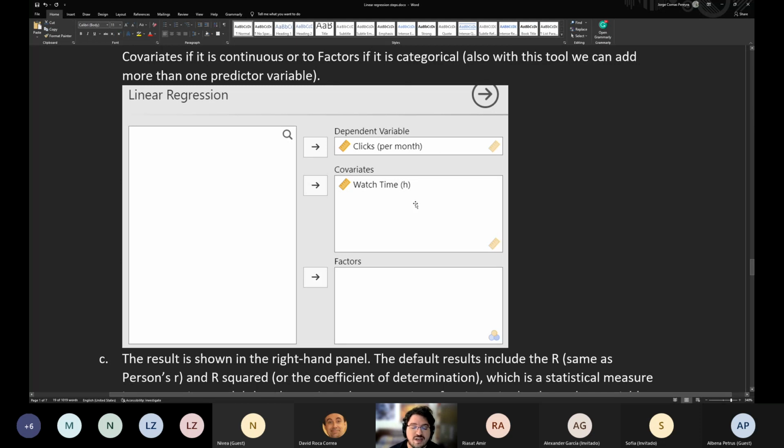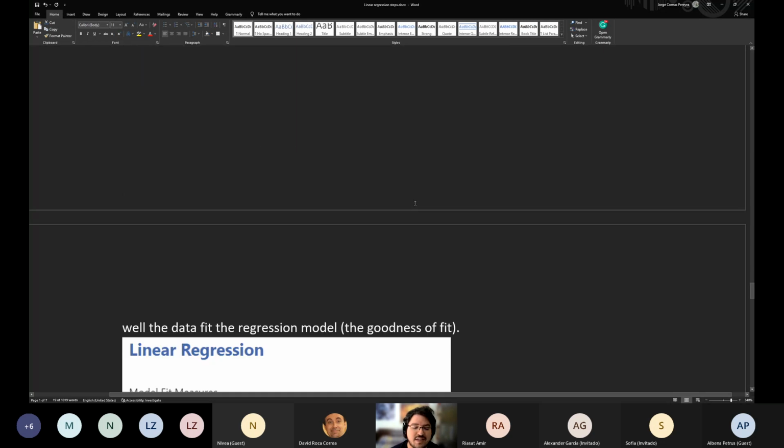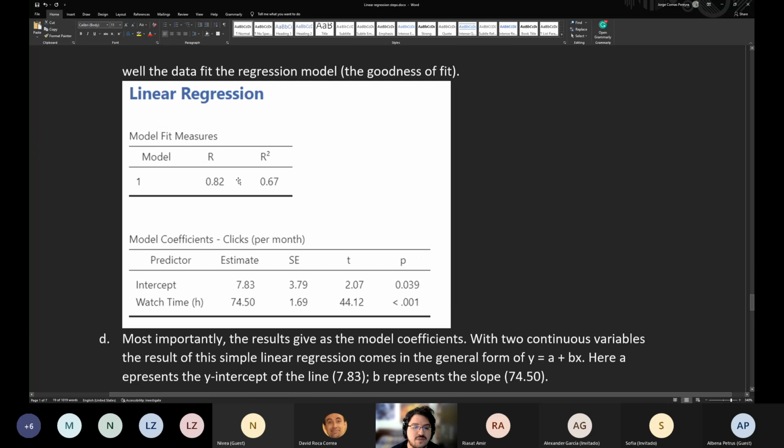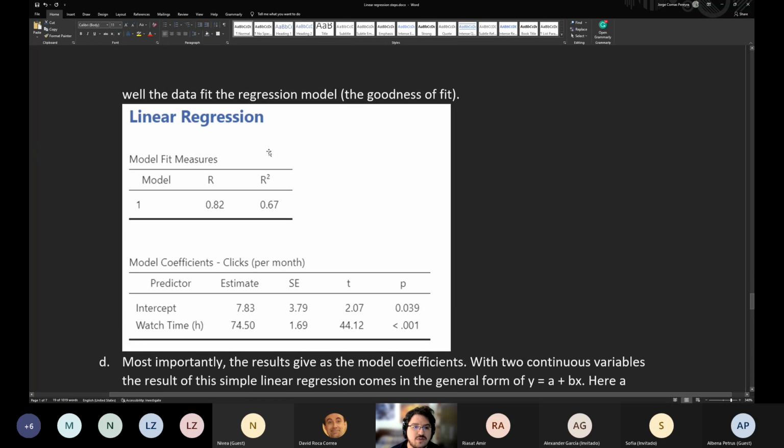Only if you determined that the relationship that those variables have to the dependent variable is linear, and you did that with the scatter plots and the correlation. Yes, that is what you have to do. And then you will have a summary of your linear regression, and this is what you're going to see once you have it.